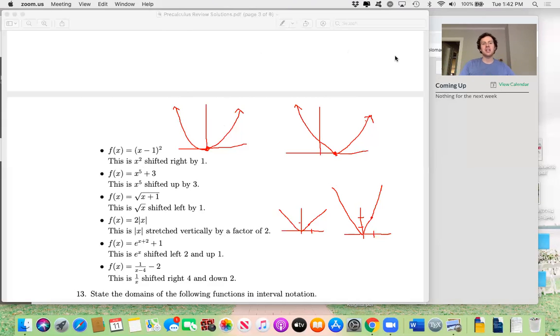And I'll say this isn't the most important skill, but looking at these functions and saying there's a basic shape and I've moved it around, having that level of understanding can help when it comes time to asking questions about these kinds of functions.